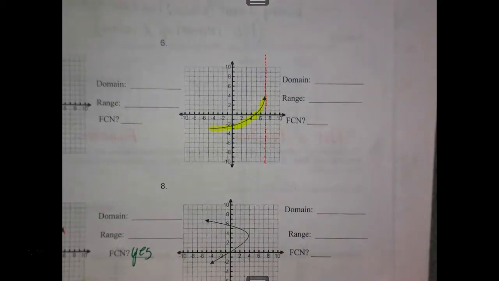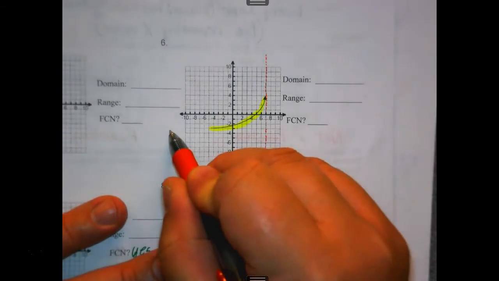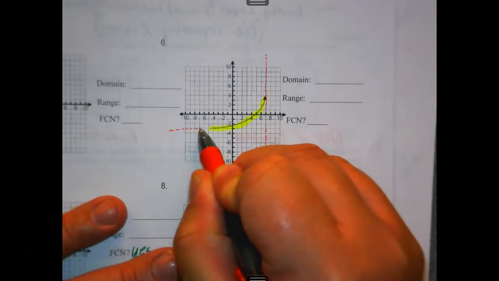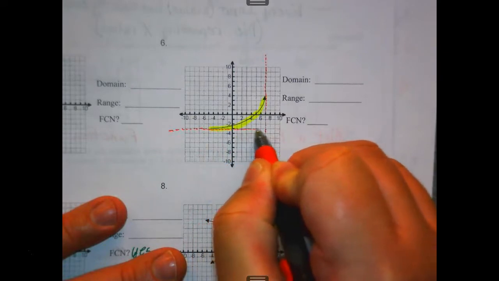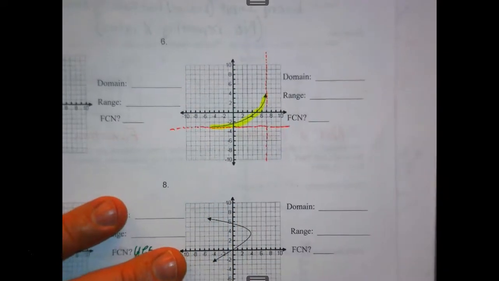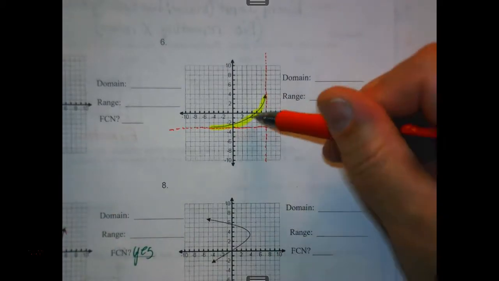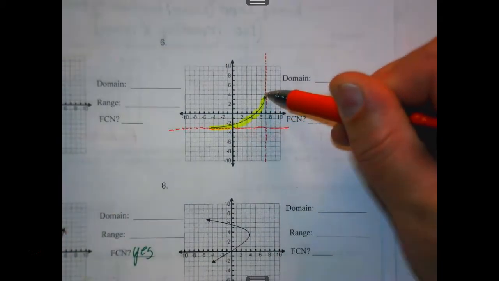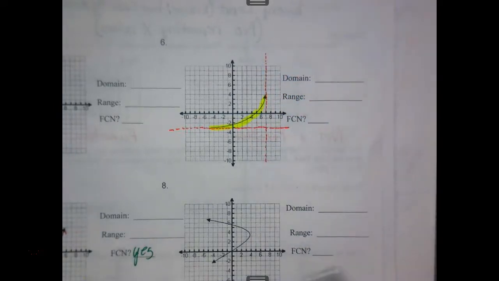Looks like we got another boundary line going horizontal here. Doesn't look like it crosses there. Nope, it's curving, it's going up, up, up, up. It's really close, goes up to infinity, right? Okay.